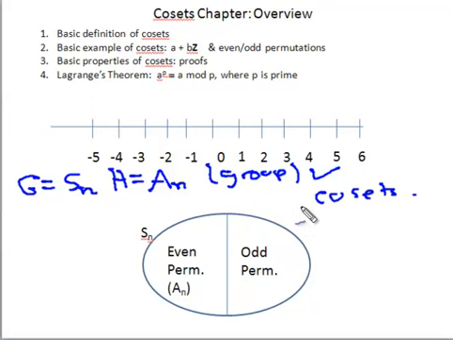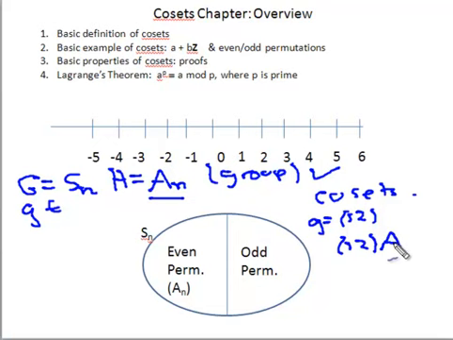Okay, so to take a coset, what I have to do is take an element little g in S_n, and then multiply it by every element in this subgroup. Okay, so let me try g equal to the transposition (1 2). So a coset is going to be (1 2) operated on every even permutation.